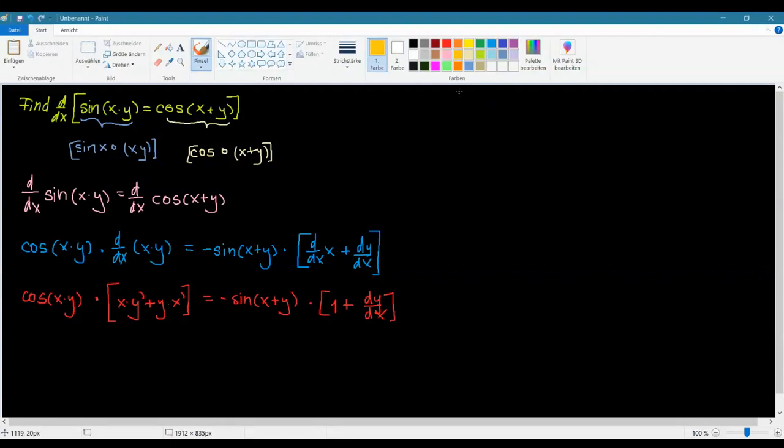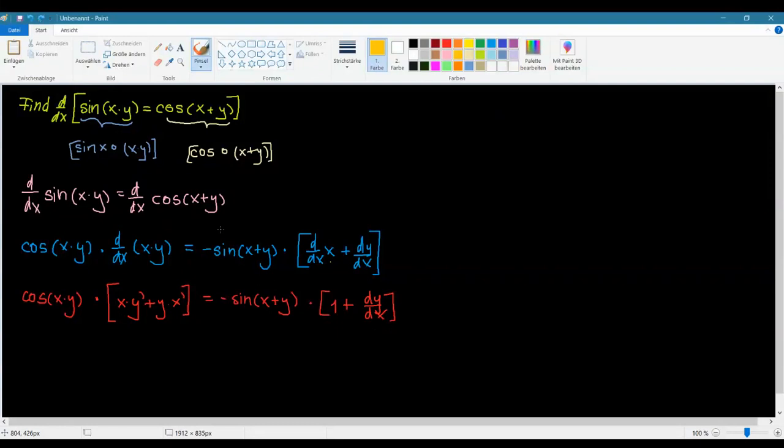Okay, so our next step is going to be to roll out this product rule right here to take the derivative of y. Now the derivative of y with respect to x is also dy over dx. That's going to be our second one of these here.